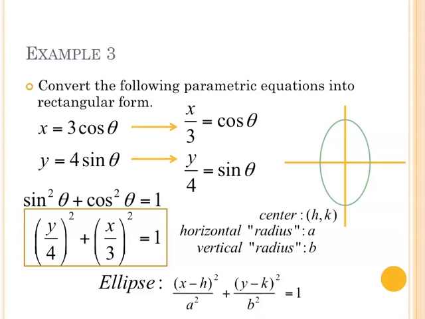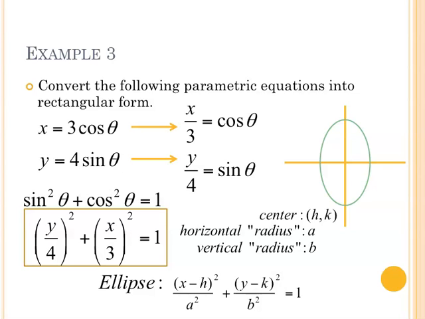So in this case, our horizontal quote-unquote radius is going to be 3. Why is it 3 and not square root of 3? Well, because it's the whole thing being squared right now. Right, so this is really the same as x squared over 3 squared. So a is 3. And then same with y. So the y squared over 4 squared tells us that the vertical quote-unquote radius is going to equal 4.